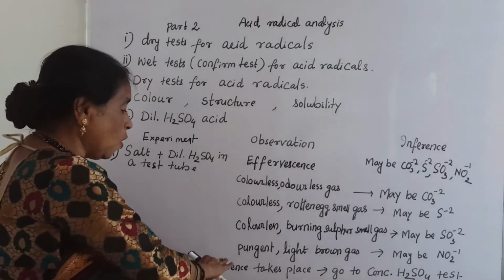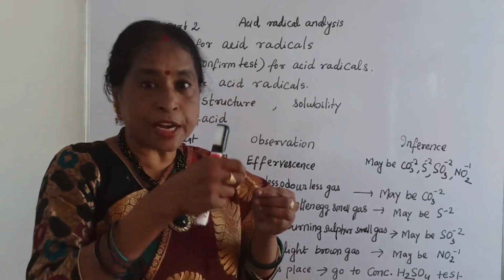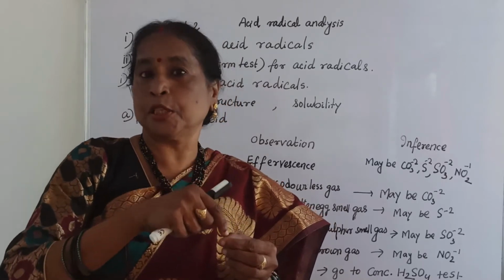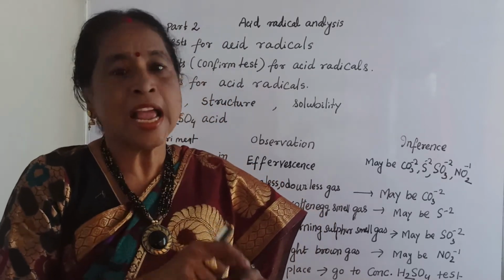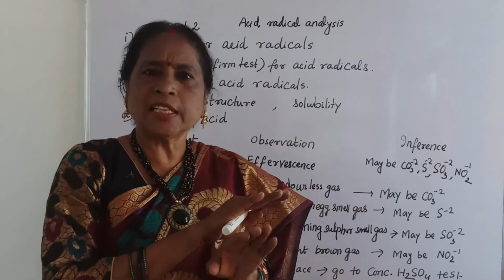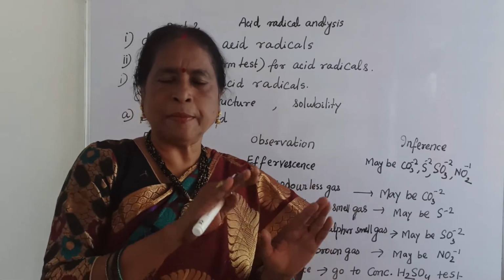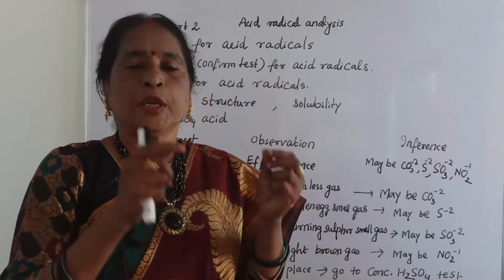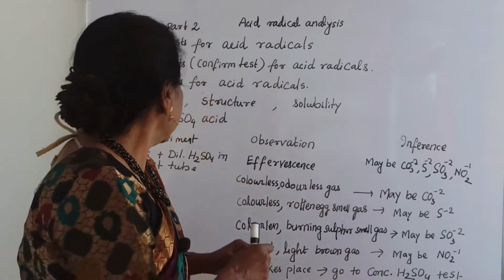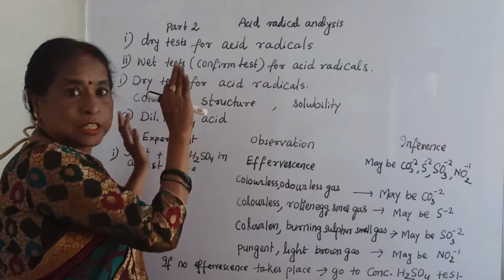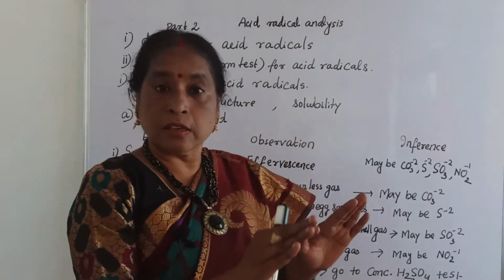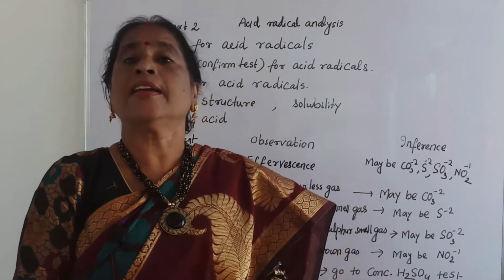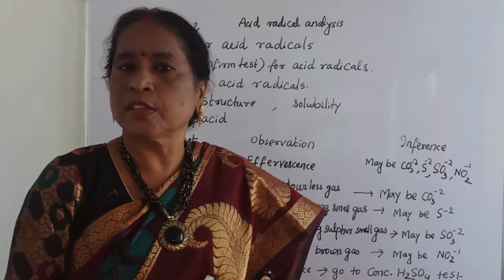Now, if no effervescence takes place, that means when you add the dilute sulfuric acid in the test tube which contains your salt, there is no reaction, there is no gas, and the salt simply remains at the bottom, then you are 100% sure that the dilute sulfuric acid group radicals, that is carbonate, sulfide, nitrite, are not present.